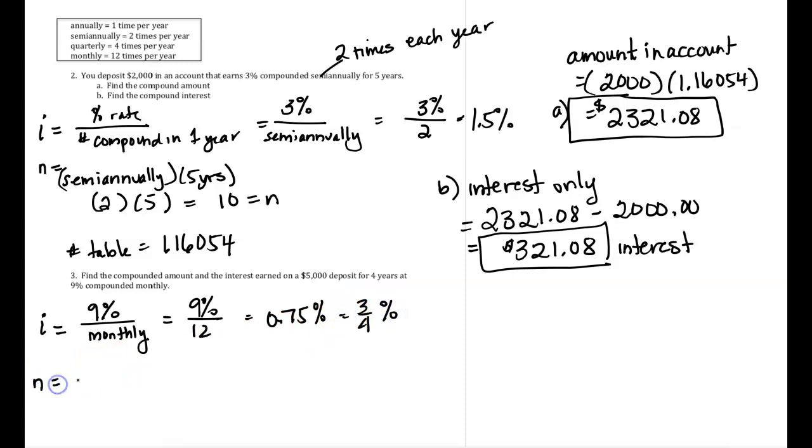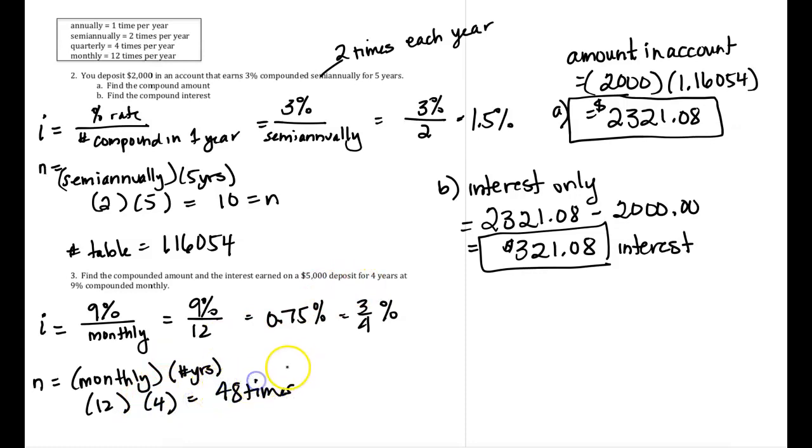The N for the row is going to be the number of times you compound in a year, which in this case is 12, times the number of years, 4 years. So there will be 48 times that interest is calculated for this account.